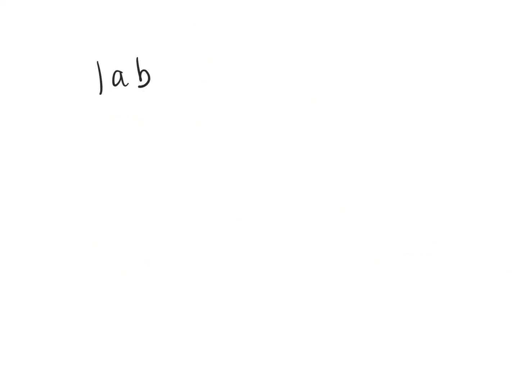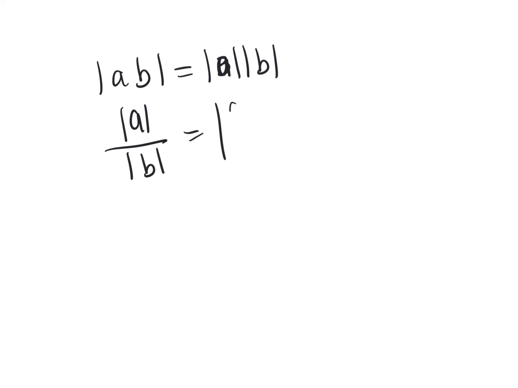If I have a product of absolute values, I can take it one by one. Same with division. We know that the absolute value of the opposite of A is always the same as the absolute value of A, no matter what sign that is.